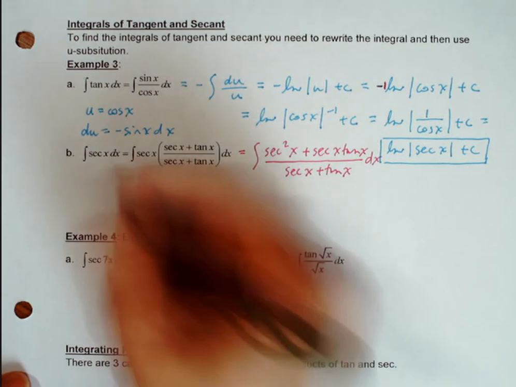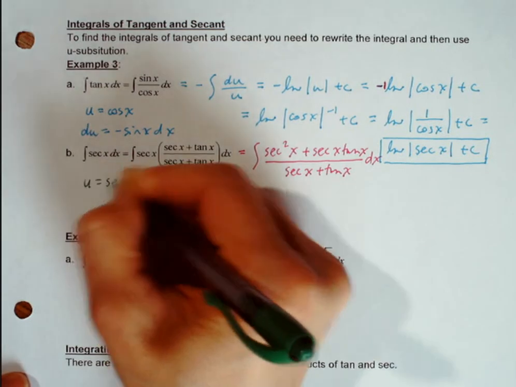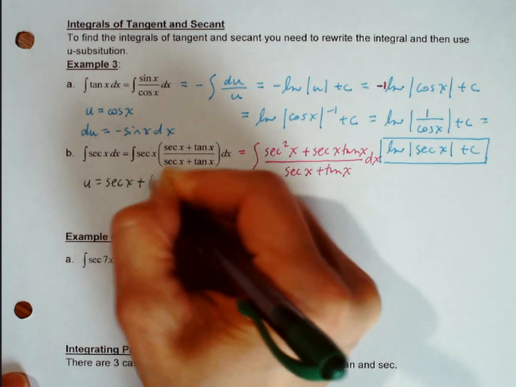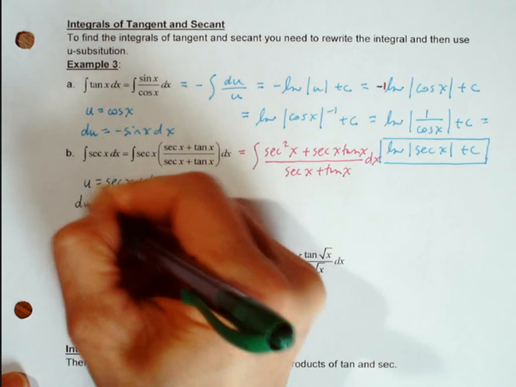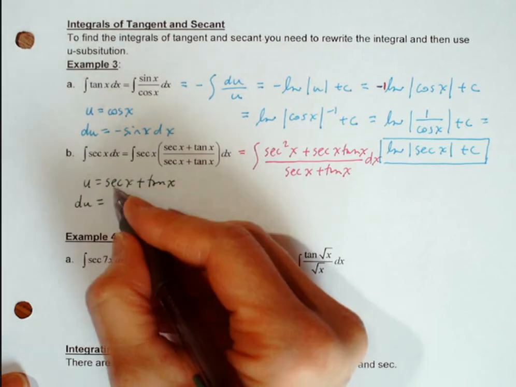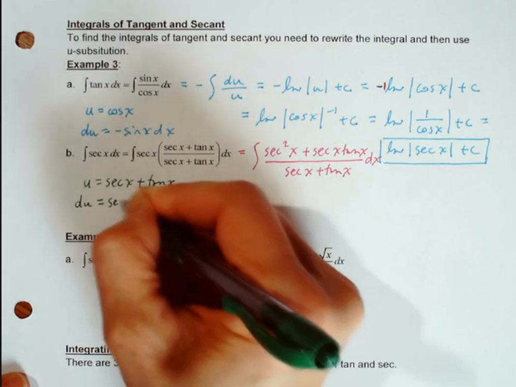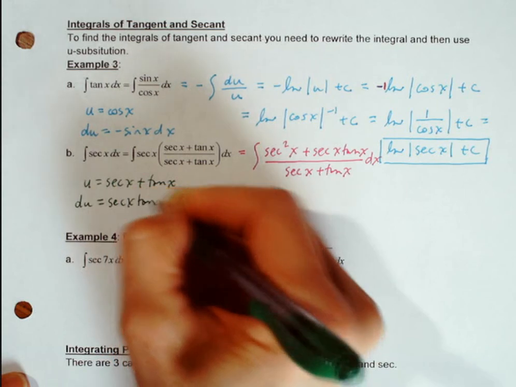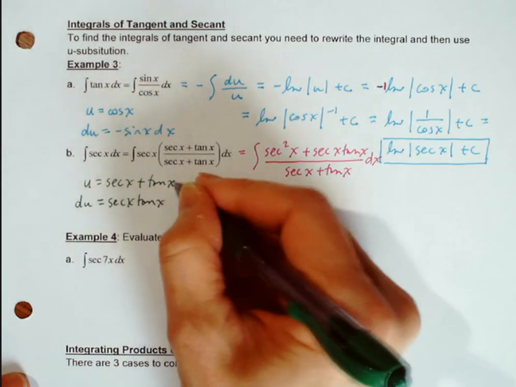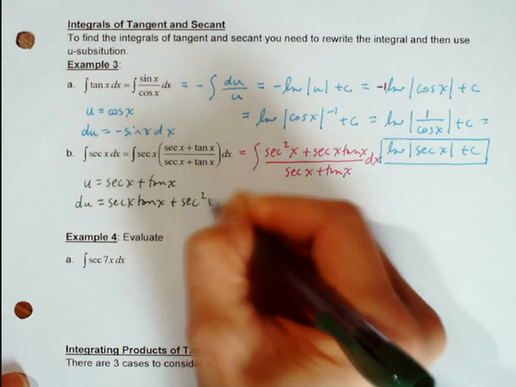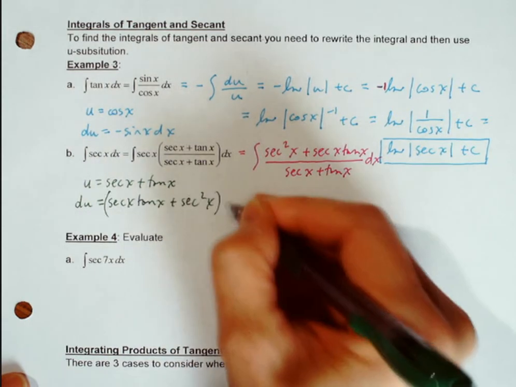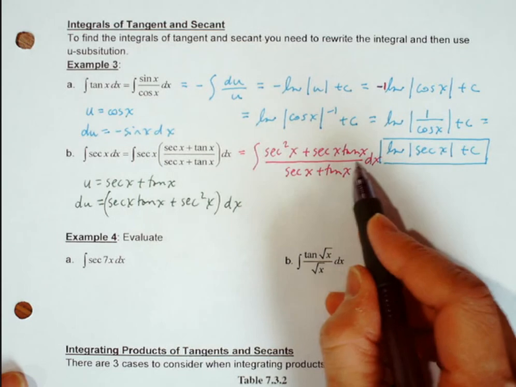Okay, so then you have u equals secant of x plus the tangent of x. So that's basically your denominator. And then when you take that derivative, the derivative of secant of x is secant of x tangent of x. And then the derivative of tangent of x is secant squared of x dx. And that's exactly what we have up in the numerator.